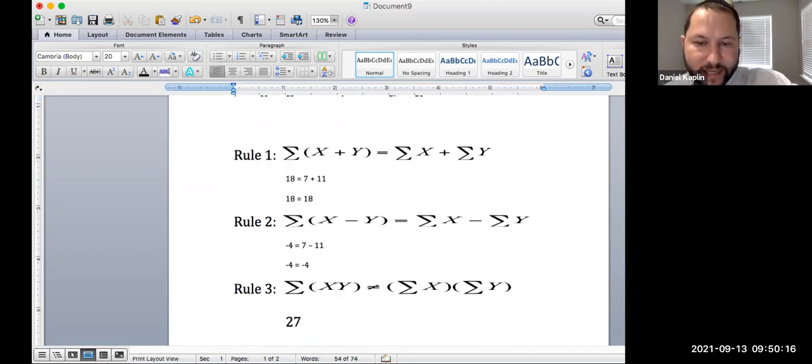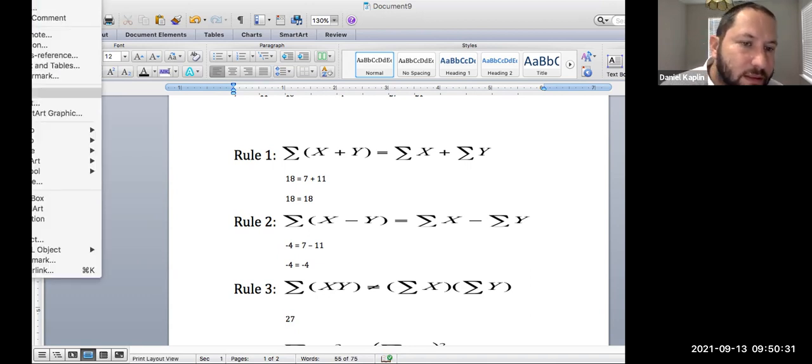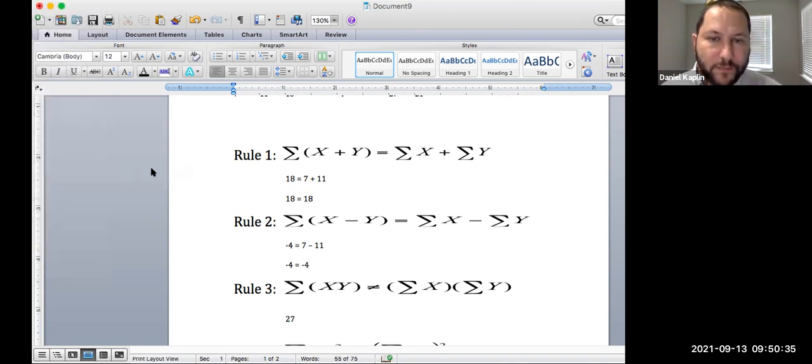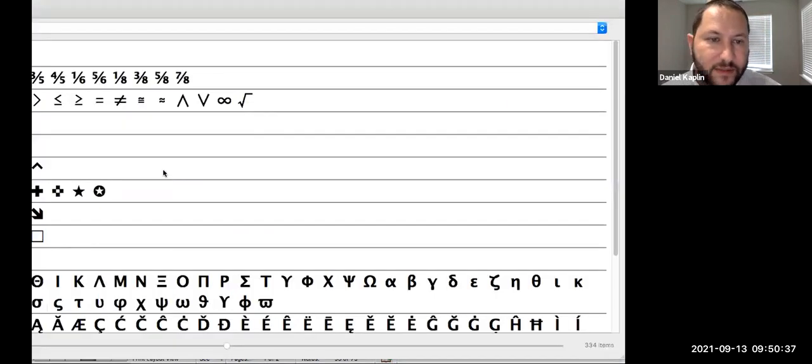So we say 27, again, we want it to be a regular font, right? 27 is not equal to, insert symbol. All right, I need a not equal sign, so I have to go through the symbols.